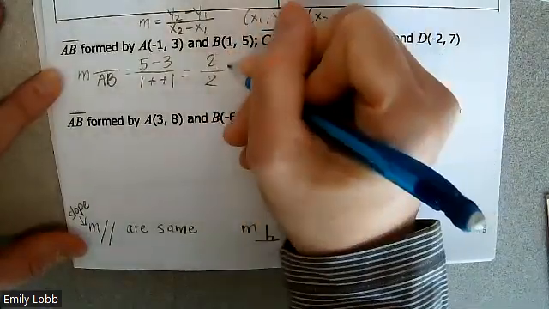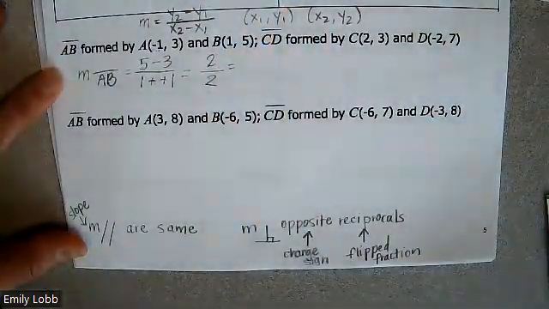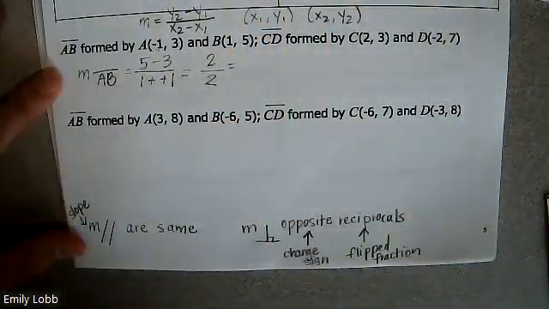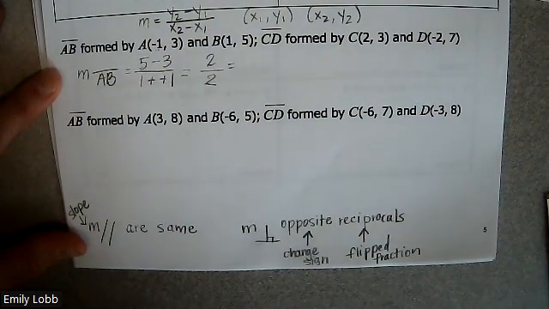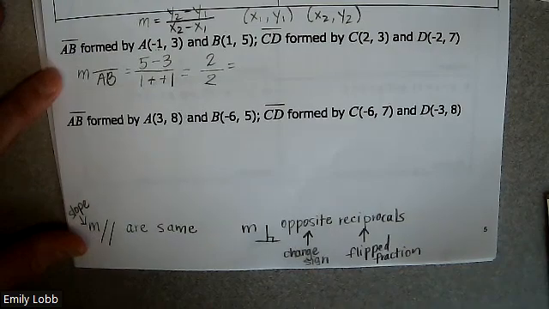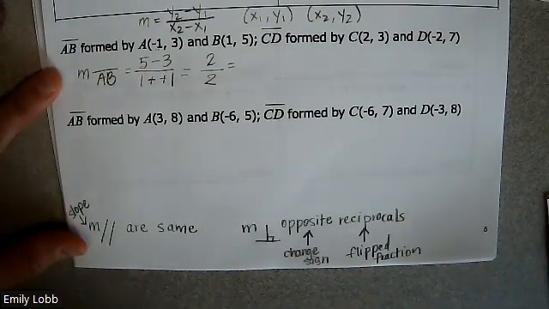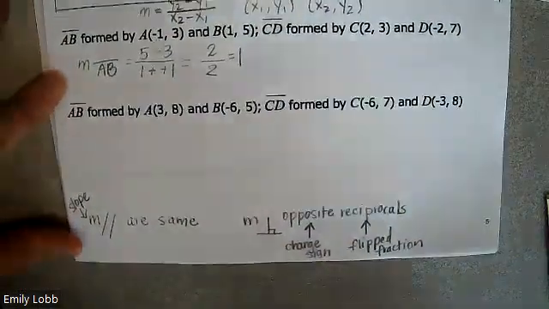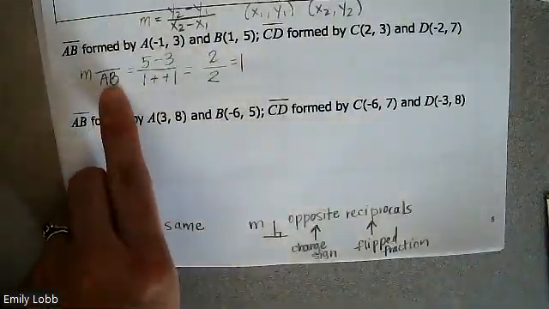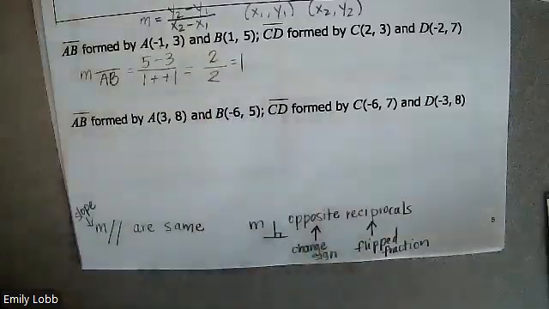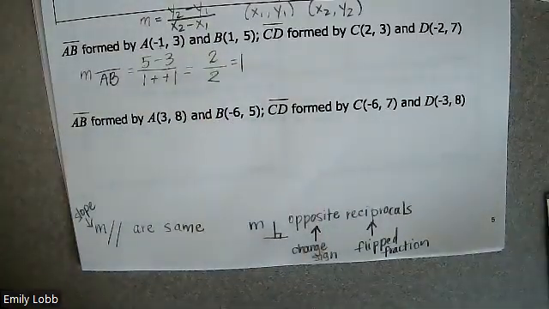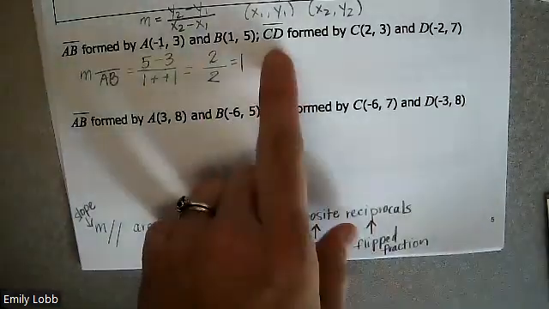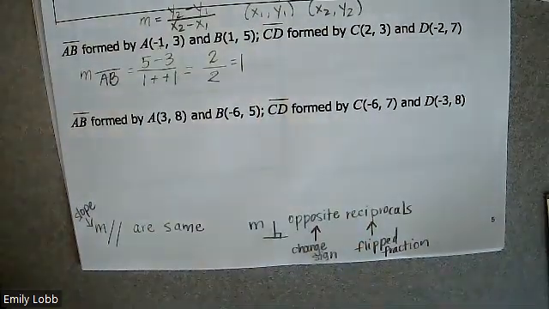The other thing I saw is that some of you were leaving it like this, but you need to simplify your fractions to be sure you can compare your two slopes, right? What's 2 divided by 2? 1. So the slope of segment AB is 1. So we're already thinking in our head, if we get 1 for the slope of CD, these two lines are what?